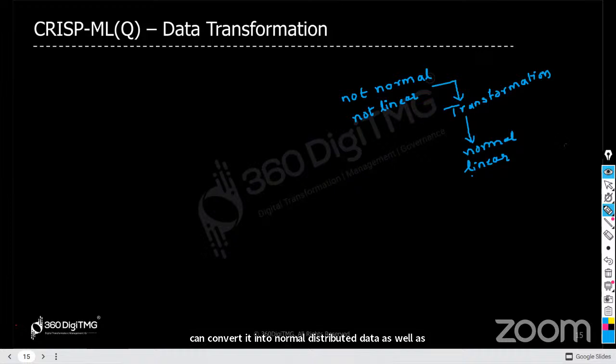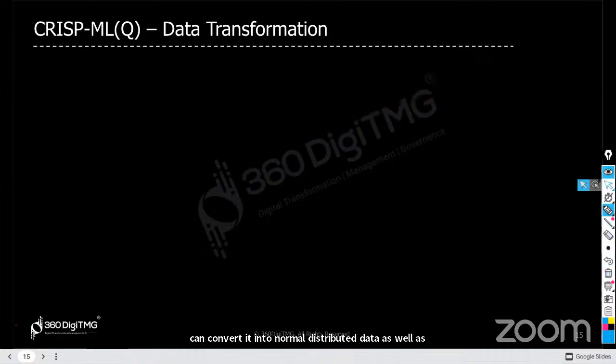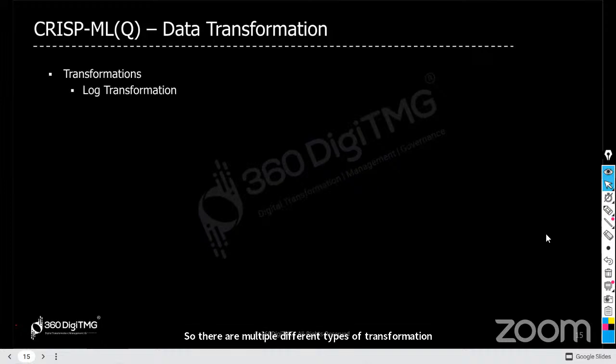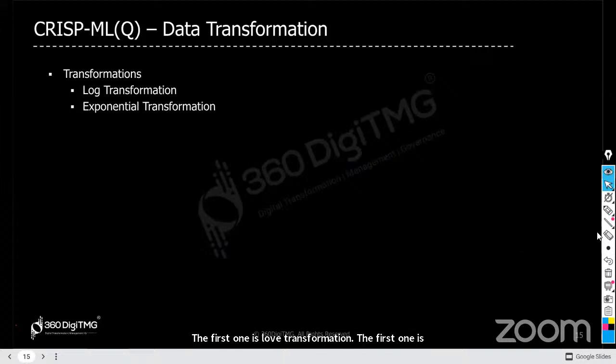There are multiple different types of transformation methods present. Let us see what is there. The first one is log transformation, and the second one is exponential transformation. You already know about the curves.